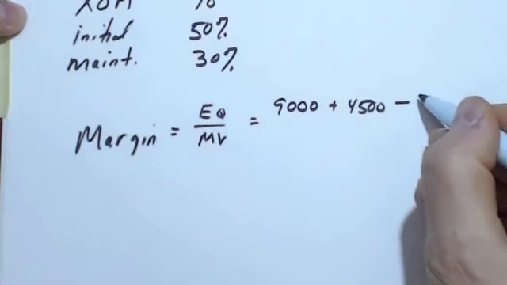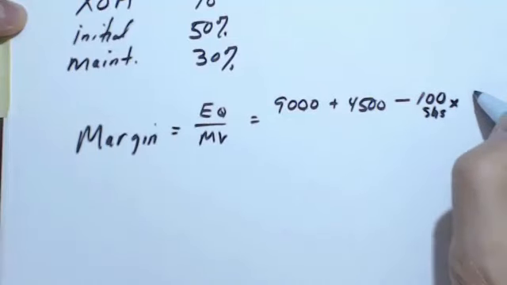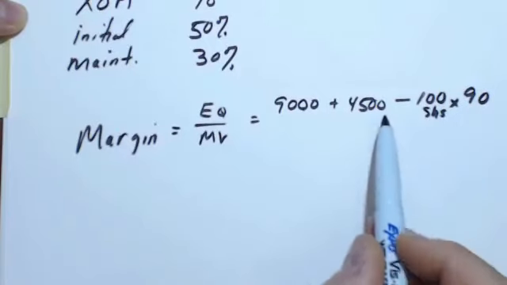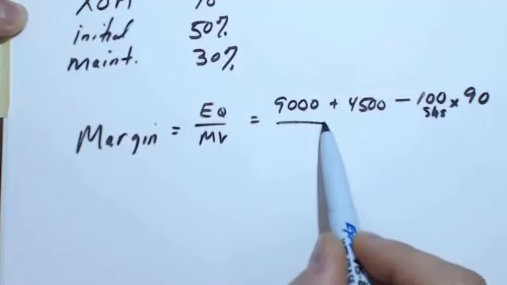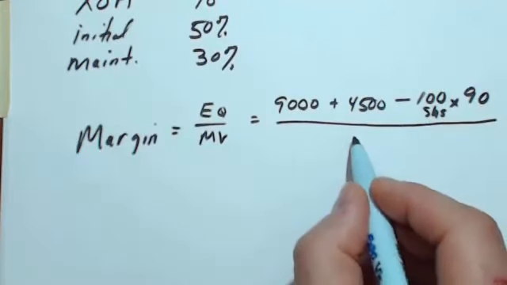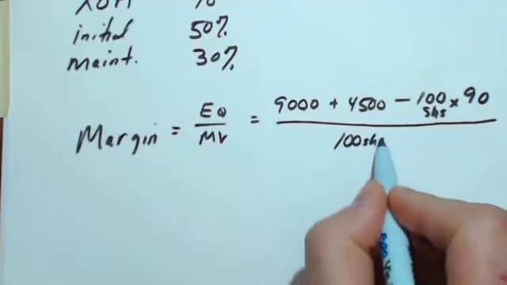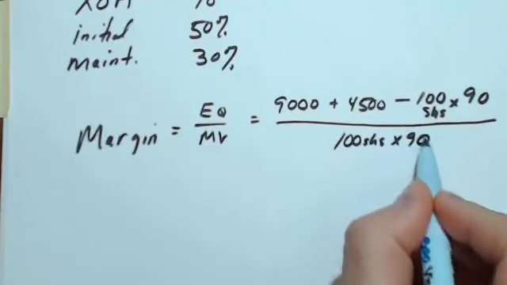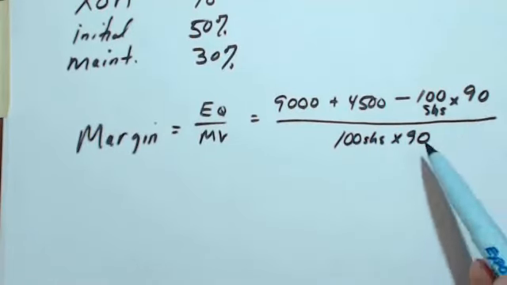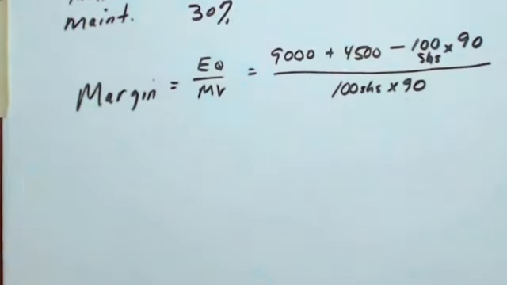And so here the shares, you got 100 shares times $90 a share. Okay, so that's $9,000 right here in terms of a liability. And what's the market value that you have here? The market value of what you have is the 100 shares times 90. Okay, at this point, that's the market value of your assets borrowed.